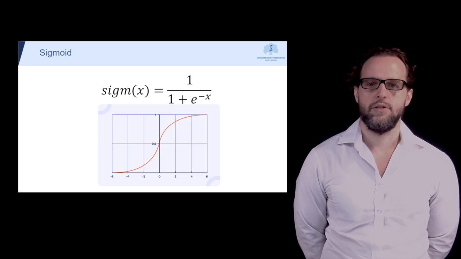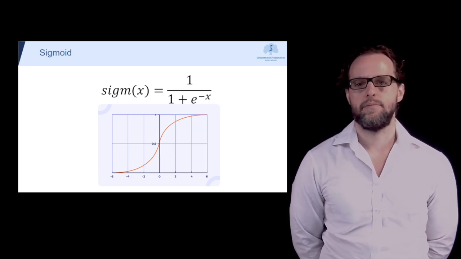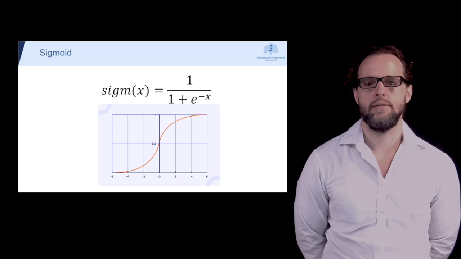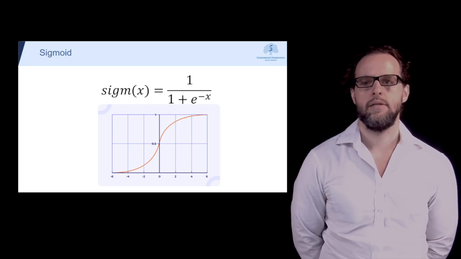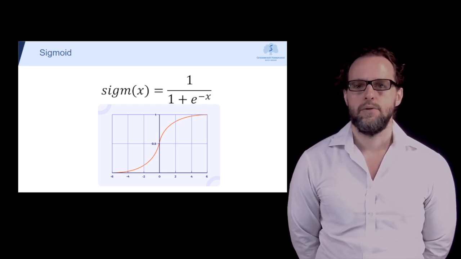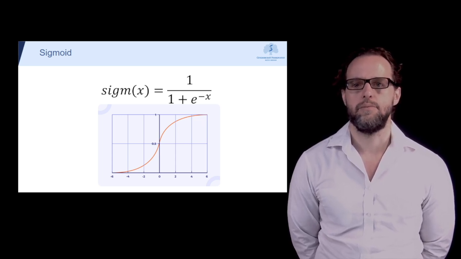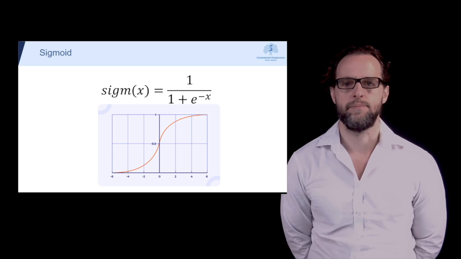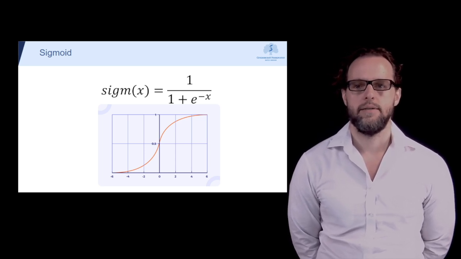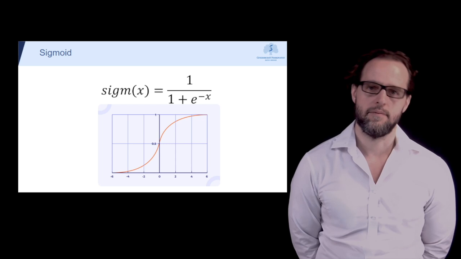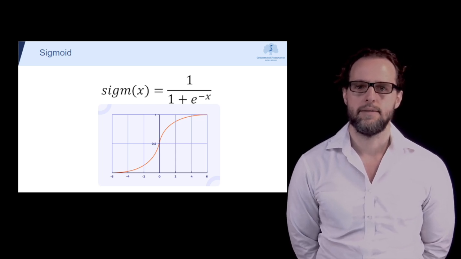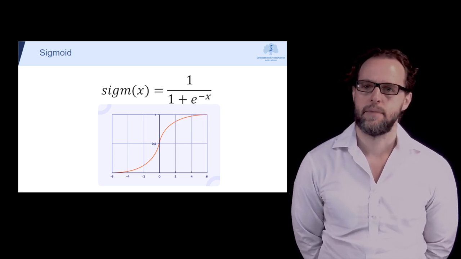Another advantage of using sigmoid over a linear function is that sigmoid is always fixed in a range between 0 and 1, while a linear function varies from minus infinity to infinity.